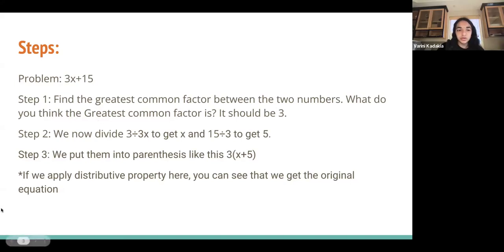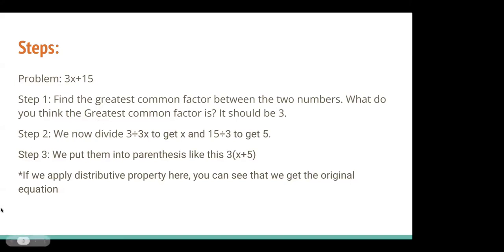Sure. So what I was trying to say, you have 3x plus 15. And step 1 over here is to find the greatest common factor between the two numbers. Right here it says 3, and 3 is right here.